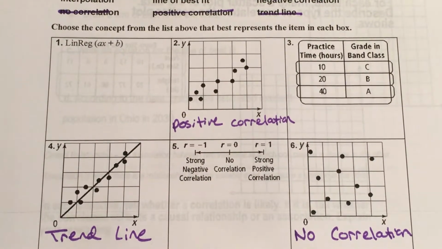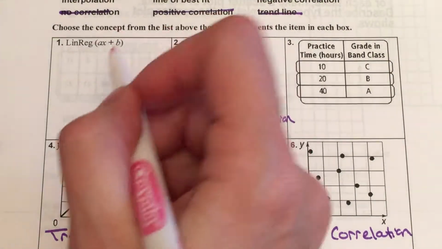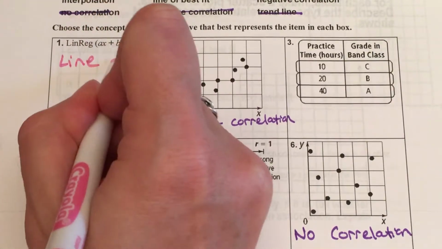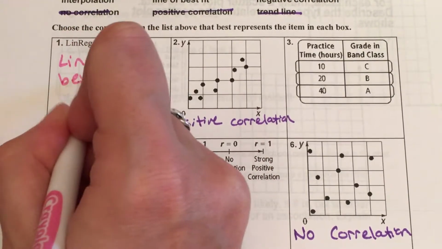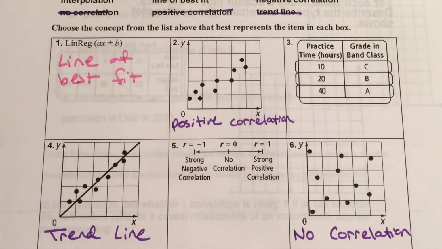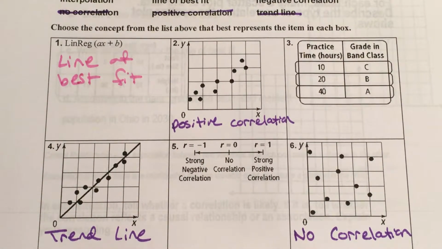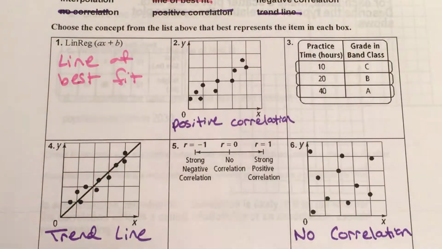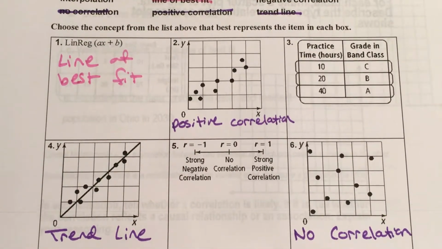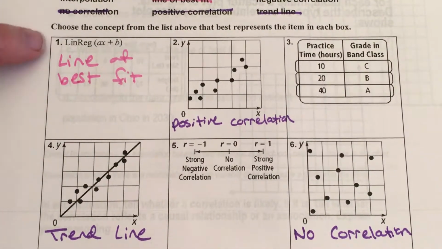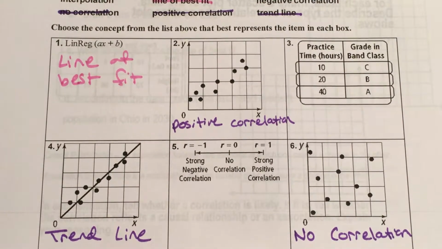So a linear regression is going to help you determine the line of best fit. It's another term for a trend line. It's just a little bit more precise, a little more exact. Trend line we draw. This linear regression can be calculated.